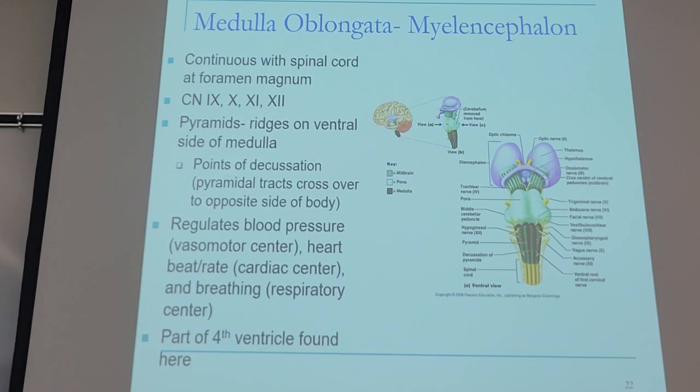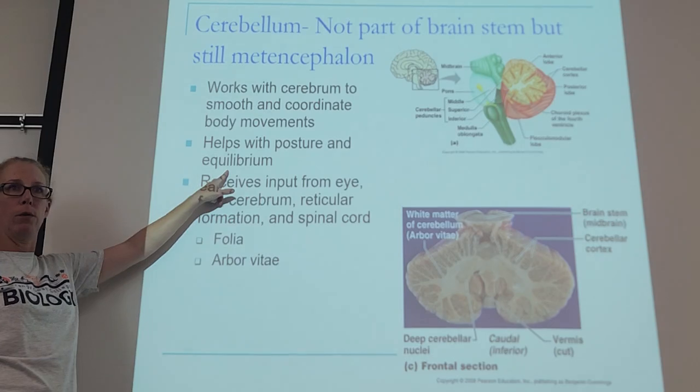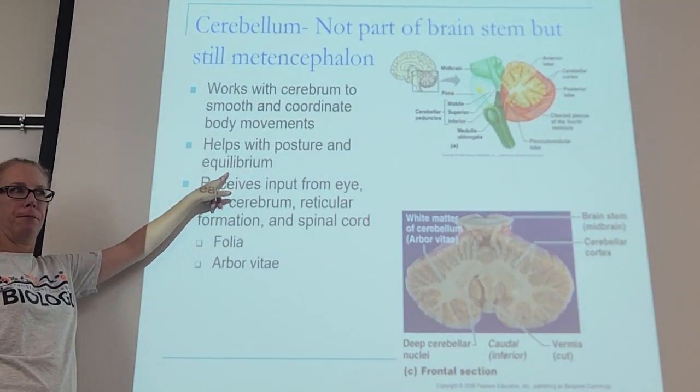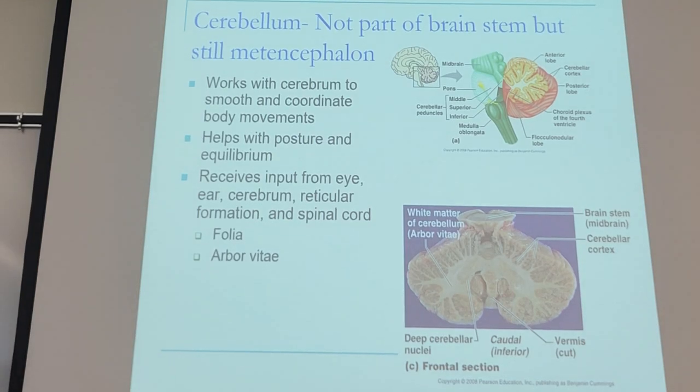Okay. All right, cerebellum. So cerebellum is most important with posture and equilibrium. Your sense of balance comes from the cerebellum.